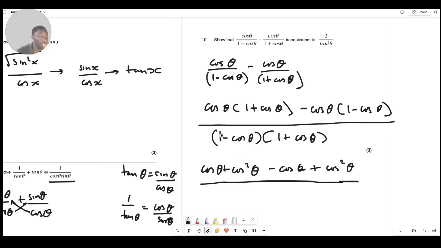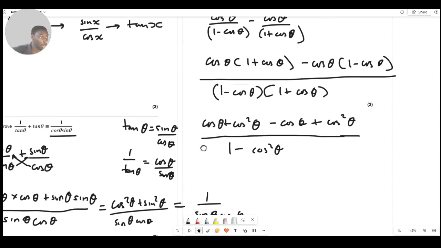So we multiply the first term in each bracket by each other and the last term in each bracket by each other. So 1 times 1 is 1, and then cos theta times cos theta is cos squared theta, and we're always going to have a negative sign. Now, this is looking good. So let's continue.